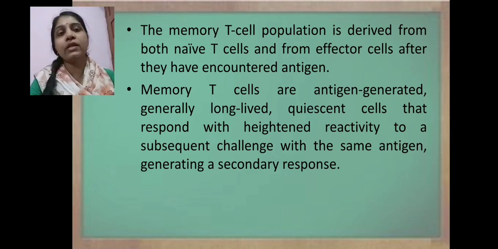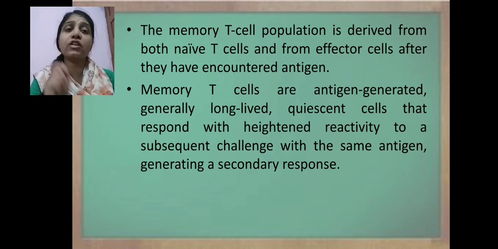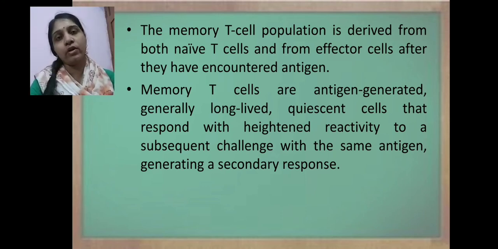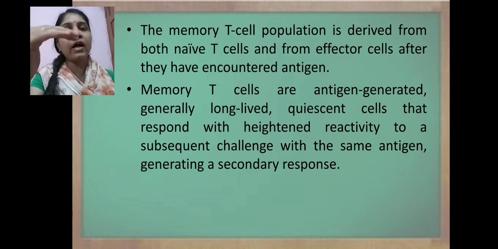These memory T cells are antigen generated and long lived quiescent cells, and they majorly respond whenever the same type of antigen is introduced to our body again. Within the secondary immune response, there is the role of the memory cells, and at that time they are responsible for developing the immune response at a higher rate.